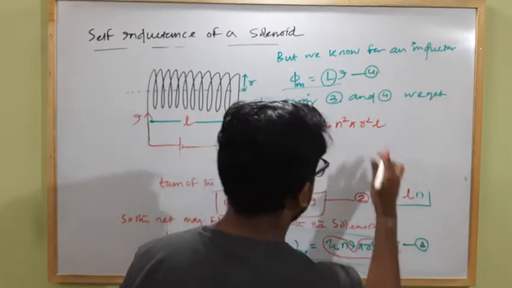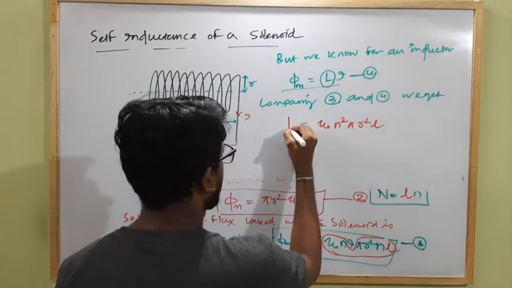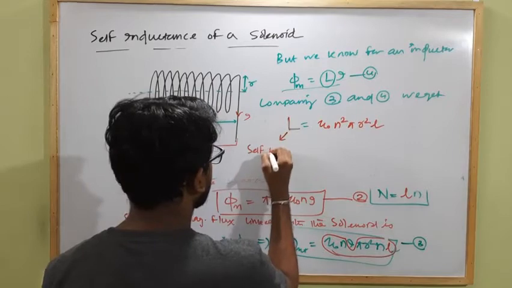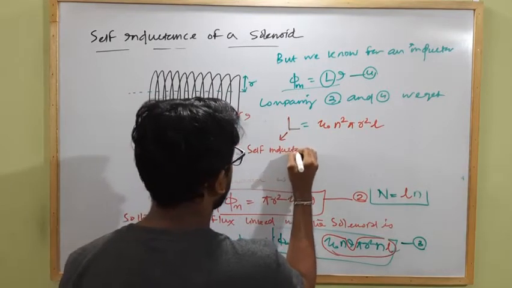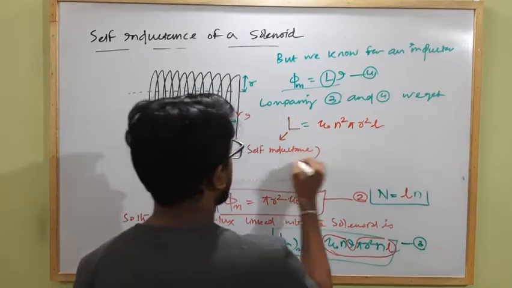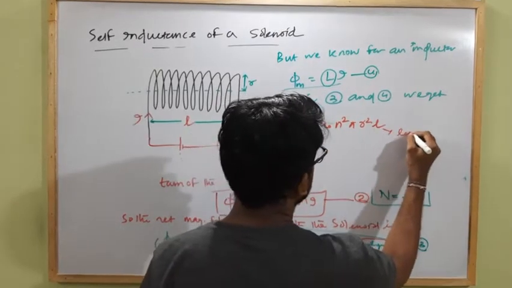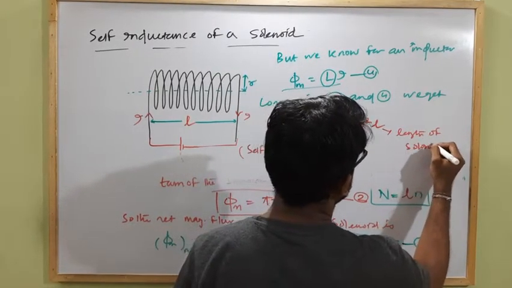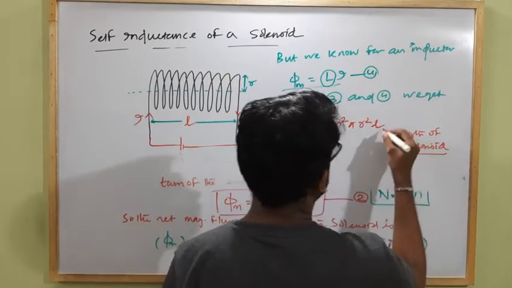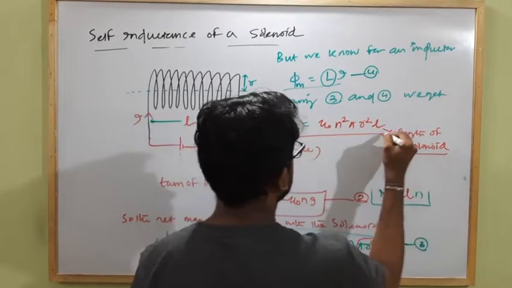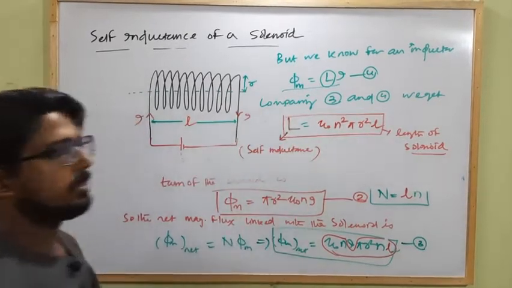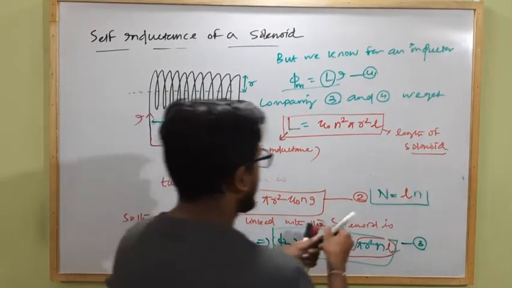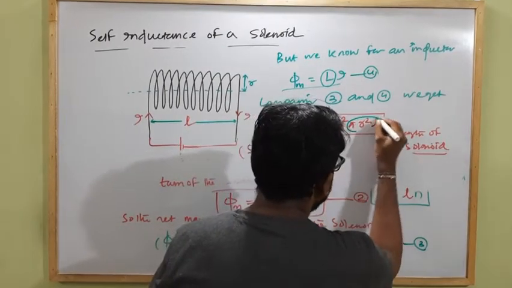This is the self-inductance, capital L. This is the length of the solenoid, small l. So this is the expression for the self-inductance of a solenoid. And here what is pi r square l?